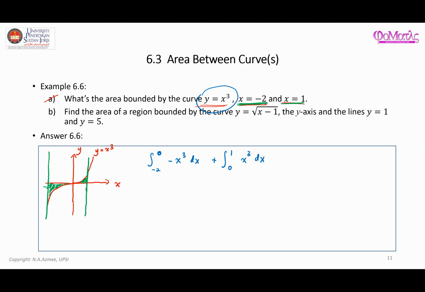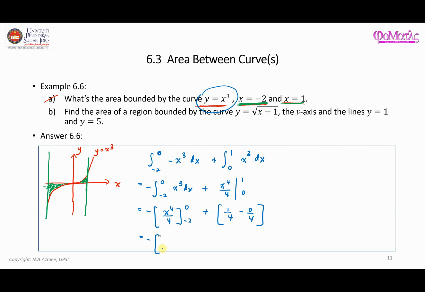Okay, so next, negative can be taken outside, so we have the integral from -2 to 0 of x cubed dx plus this one. If you integrate, you get x to the power of 4 over 4. This becomes negative x to the power of 4 over 4, from -2 to 0, plus this one, you evaluate it from 0 to 1, substitute into this, you will get 1 over 4 minus 0 over 4.